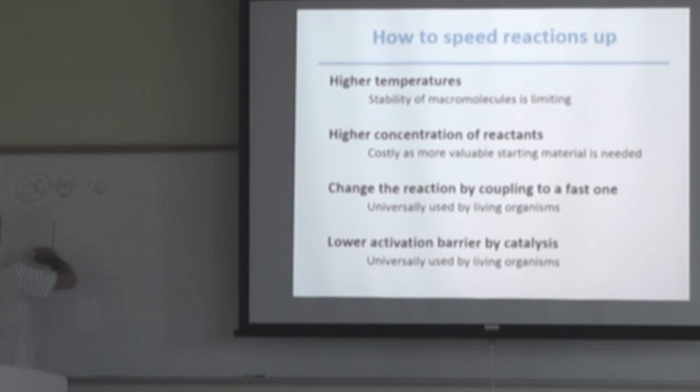You have free energy versus the reaction coordinate, you have your reactants, some kind of activation energy, and then products. The difference between here is your change in free energy. Here to here is your activation energy. Sorry about that, my handwriting requires this.